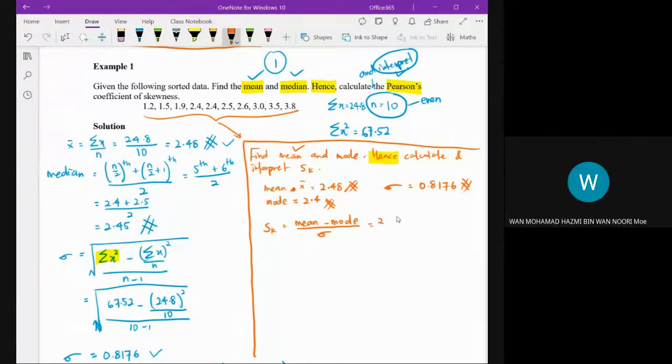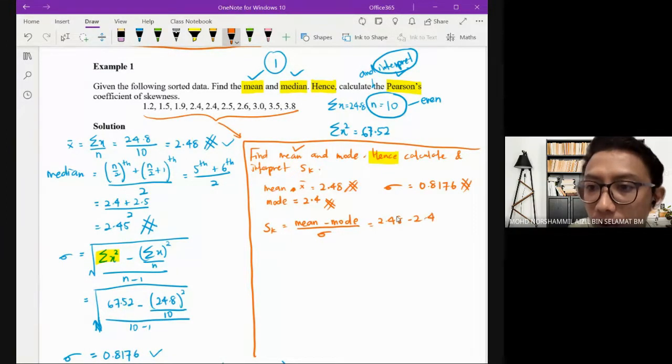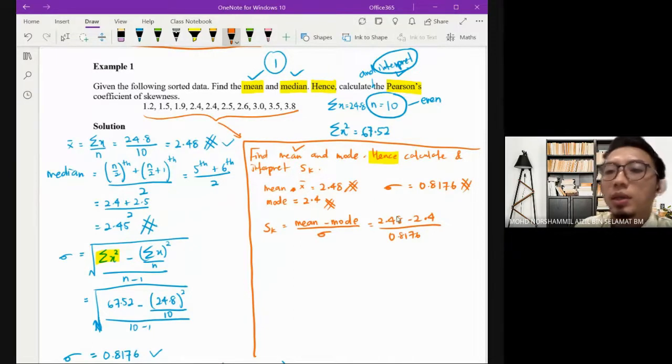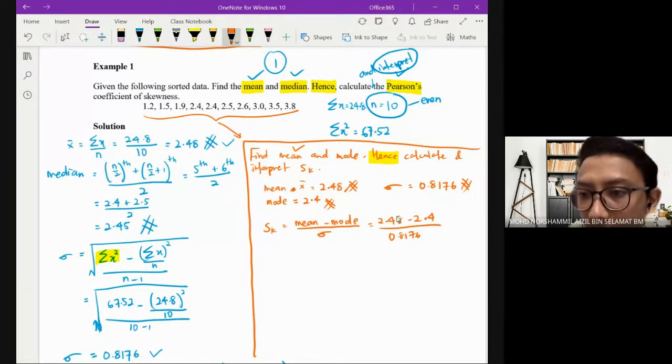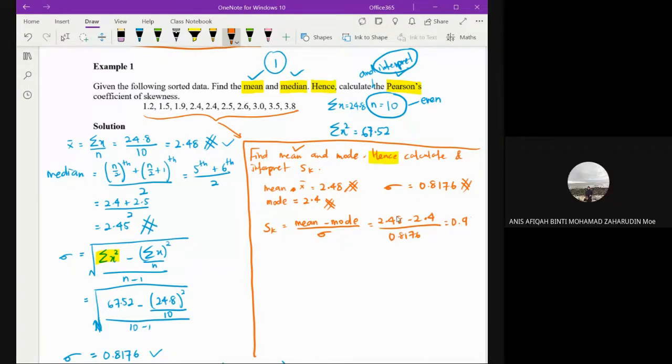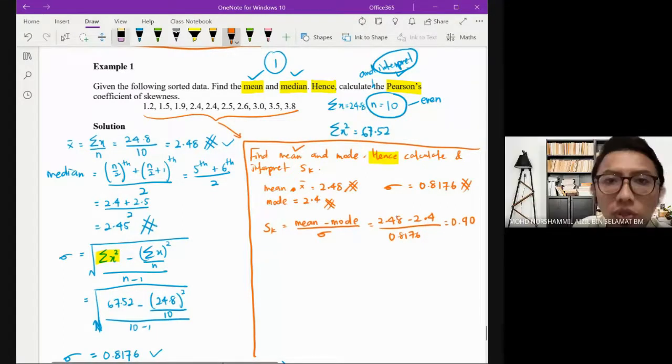Mean. 0.098. Nampak jawapan dah lain sikit dah tu. 2.48 minus 2.4 all together divided by 0.8176. So what do you get just now? 0.098.